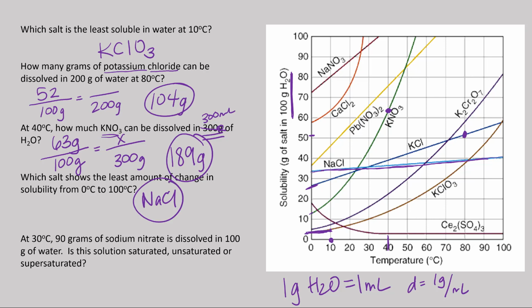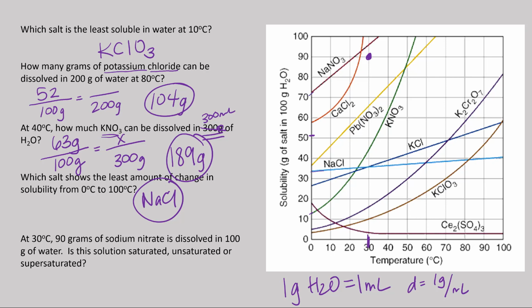All right, at 30 degrees Celsius, 90 grams of sodium nitrate is dissolved in 100 grams of water. So we have sodium nitrate, and sodium nitrate is all the way up here, this kind of brown line right here. So at 30 degrees Celsius, 90 grams of sodium nitrate, I'm going to put a point there.